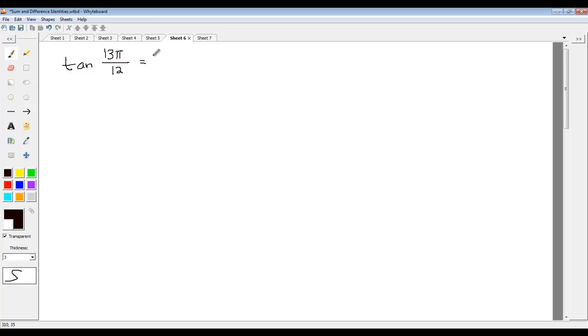If I use denominators of 3 and 4, I can make this work. Let's see here. Let's say I use 3 pi over 4 and pi over 3. That should work, because really I've got 9 pi over 12 plus 4 pi over 12. Yeah, and that's 13 pi over 12.